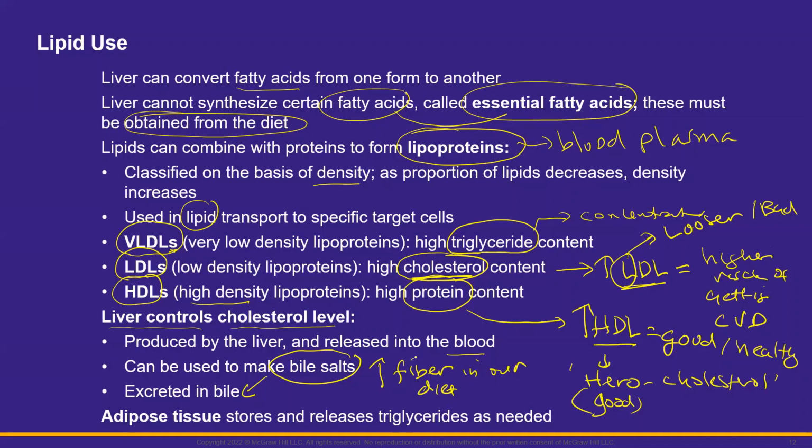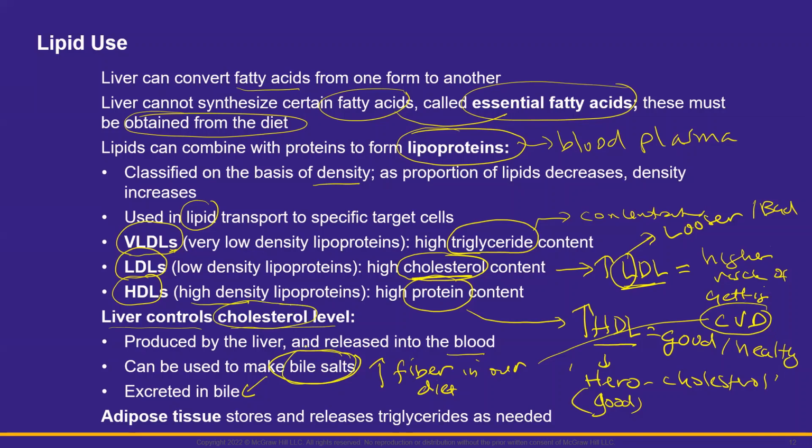So this is the connection why eating fiber will lower the risk of having cardiovascular disease, because a higher fiber diet will increase the production of bile salt. And in order to make bile salt, it will destroy or convert cholesterol. So it breaks the cholesterol down.